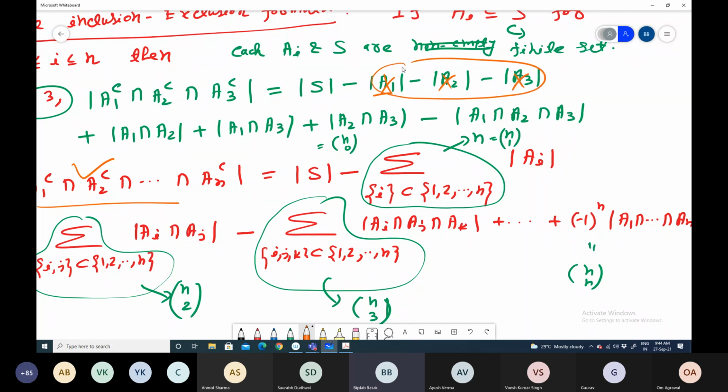So here X is not in this set, so X is counted 0 times. And similarly, since X is not in A1, X is not in this set as well. So X is not here, not here, not here, not here as well. That means if you take any element from only this set, then that point should be in here only, not in any other set. So that element is counted only once in the right hand side. Is that clear?